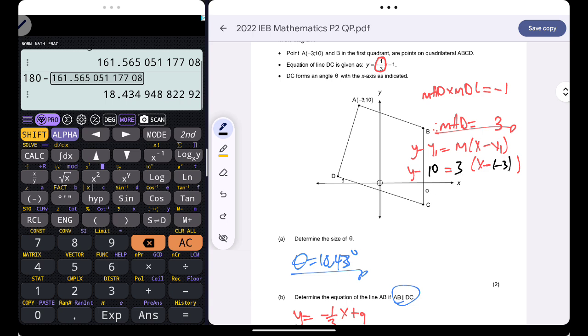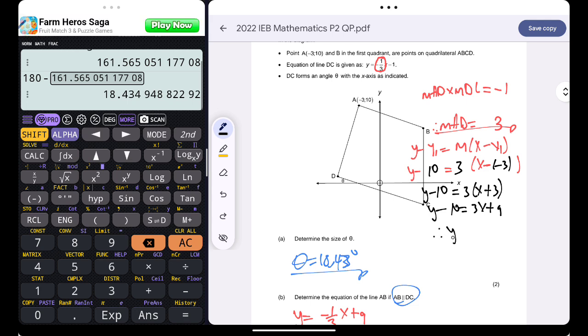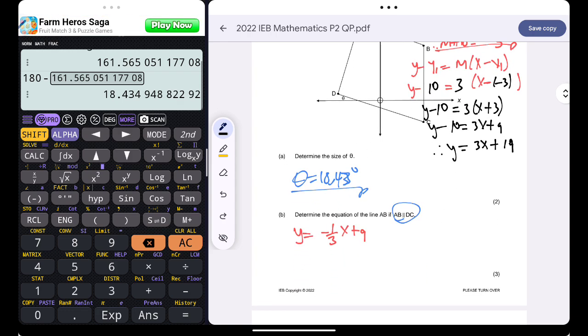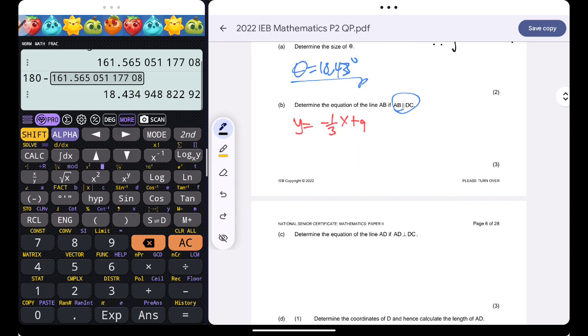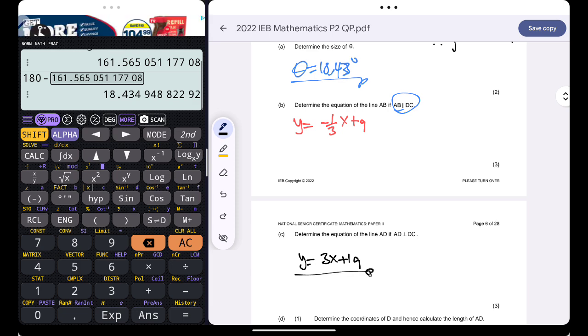So I'll have y minus 10 is equal to 3 times (x plus 3) inside the brackets. So y minus 10 is 3x plus 9. Therefore y is equal to 3x plus 19. This will be the equation for the line AD: y is equal to 3x plus 19.